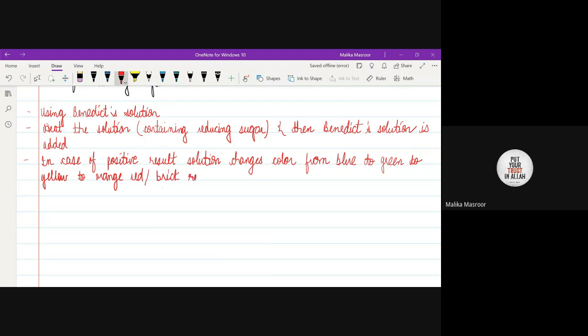And over here we are using Benedict solution. Is everyone clear with carbohydrates?